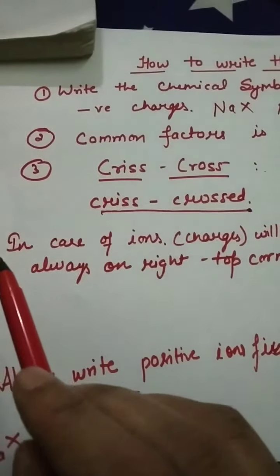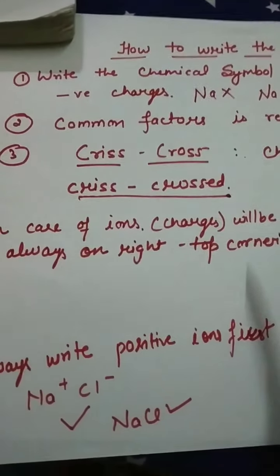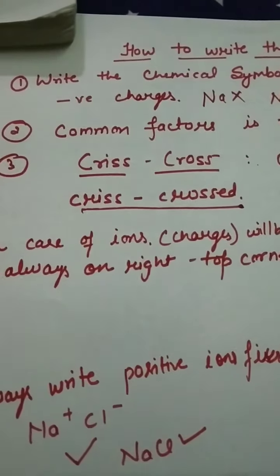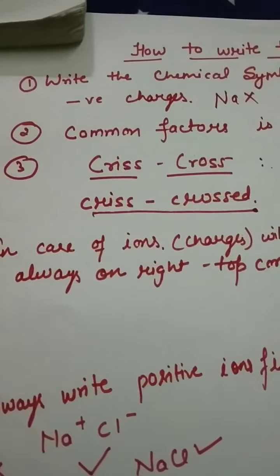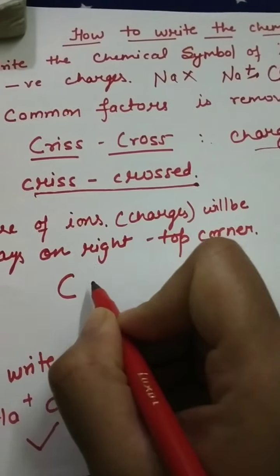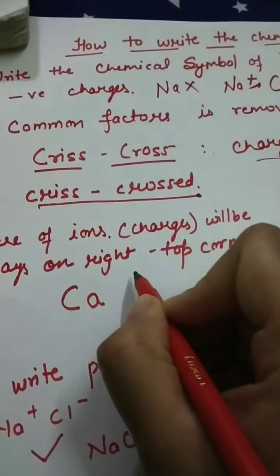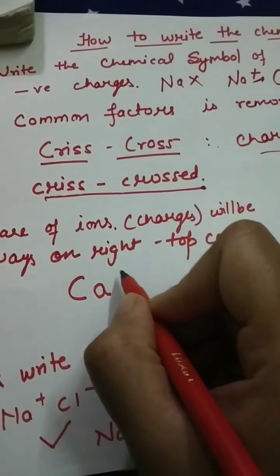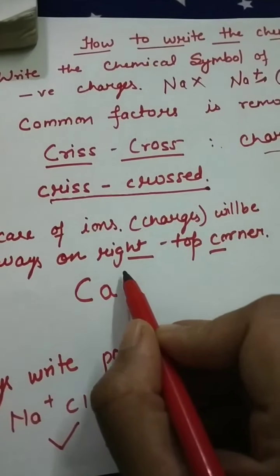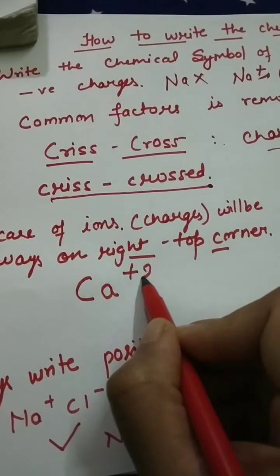In the case of ions, charges will always be on the top right corner. For example, I have to write calcium carbonate. When I write Ca, I will write the charge on the top right corner, and there I will write +2.